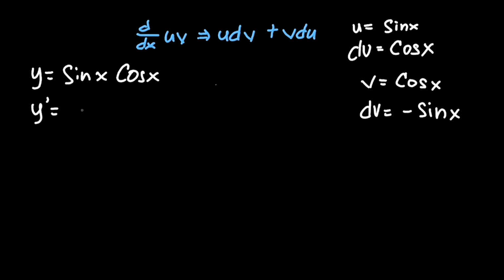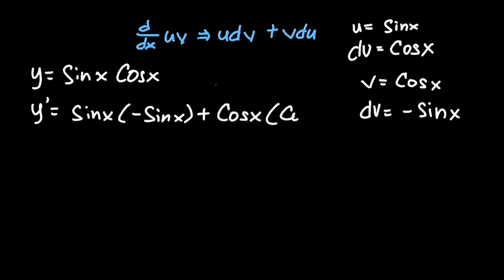Y prime now here would be sine of x multiplied by negative sine of x plus cosine of x multiplied by cosine of x. Final answer would be negative sine squared of x plus cosine squared of x.